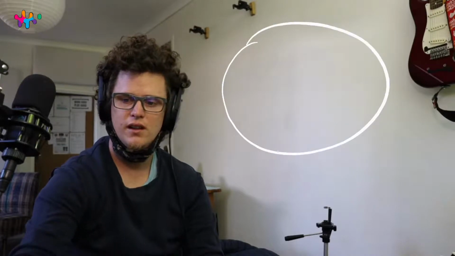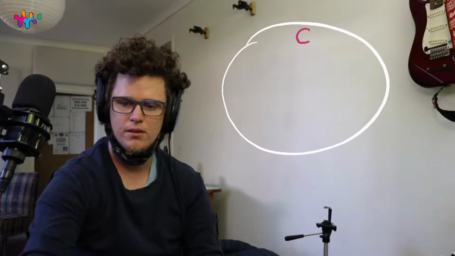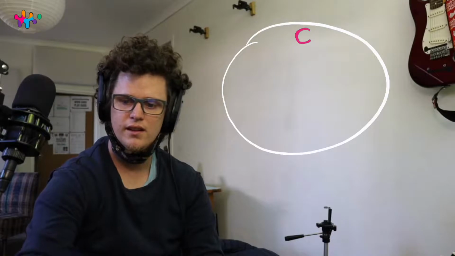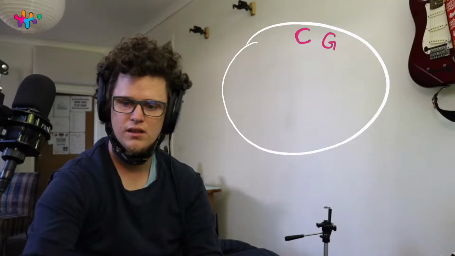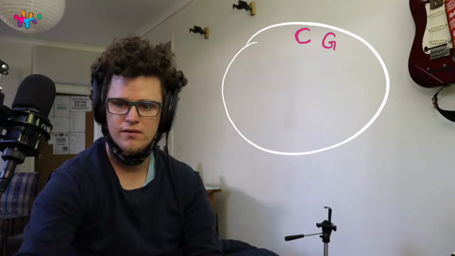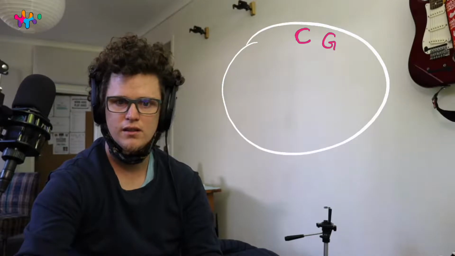So then, let's quickly explain the circle of fifths. If you have a circle here, and you put your C note at the top, and then your G, and then F. Wait.